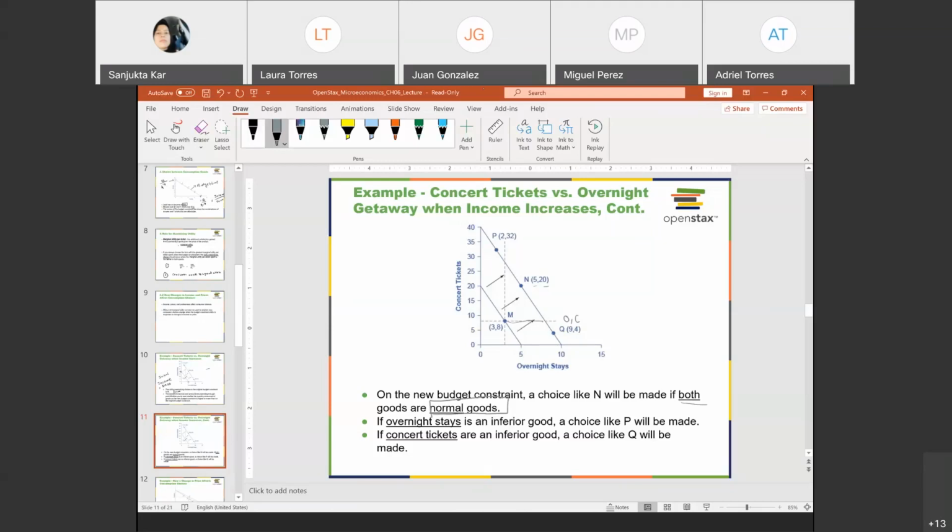Yeah, that's right. So overnight stays will be a normal good at point Q, but if I compare M and Q here, she is buying fewer concert tickets. So concert tickets will be an inferior good.